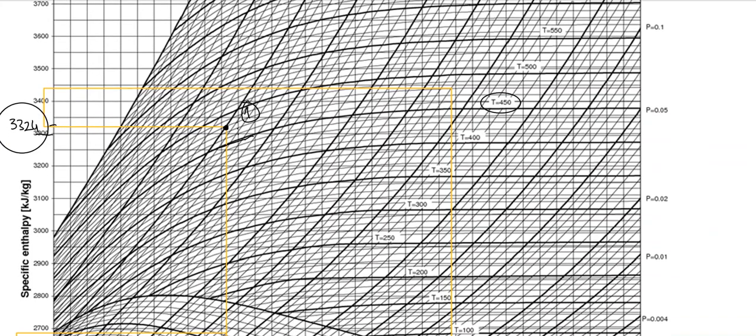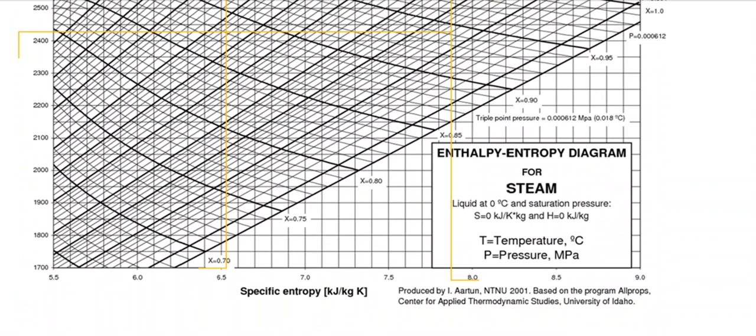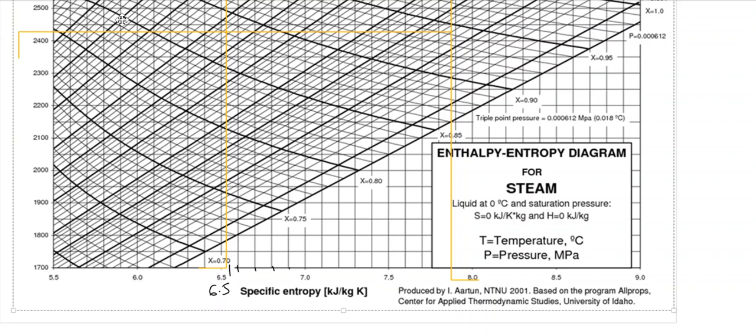Now moving down to the entropy. So entropy over here is 6.5, 6.6, 6.7, 6.8, 6.9 and so on. So 6.5, let's say 6.525 something. Yeah, that might be okay actually.